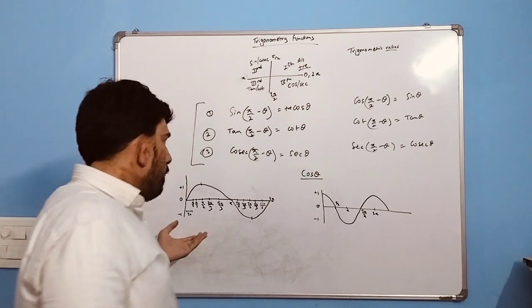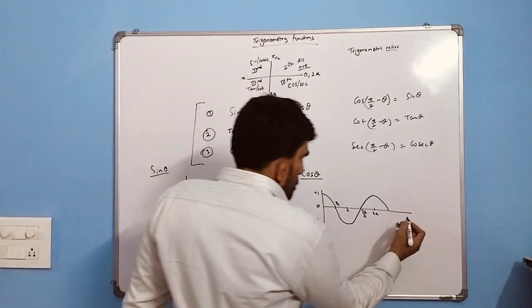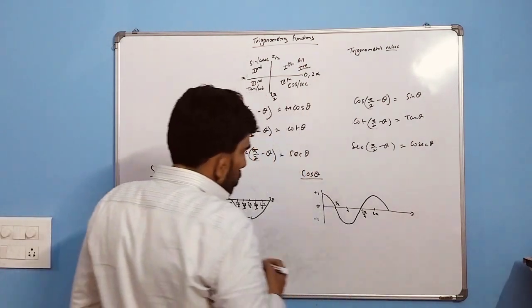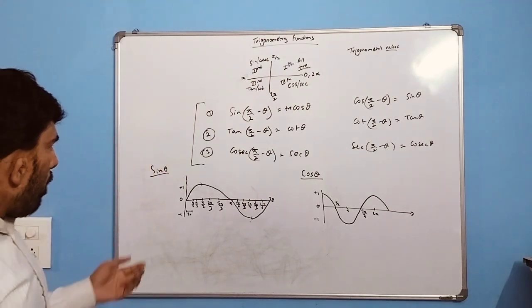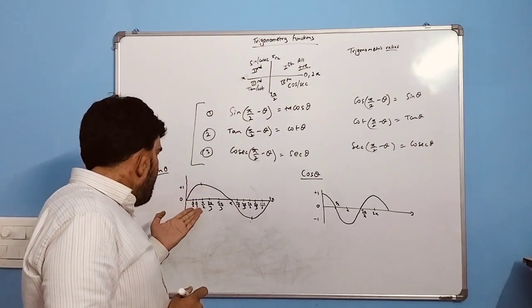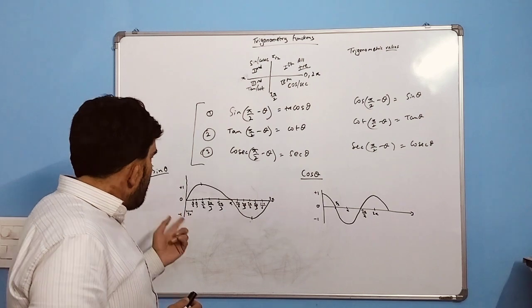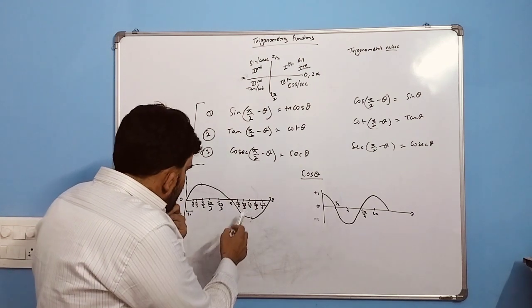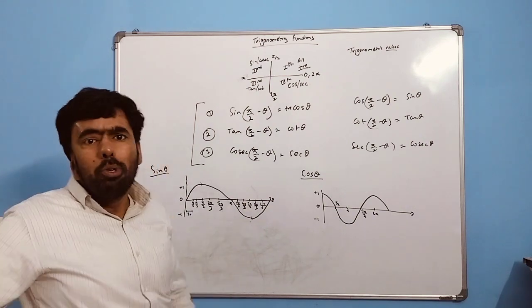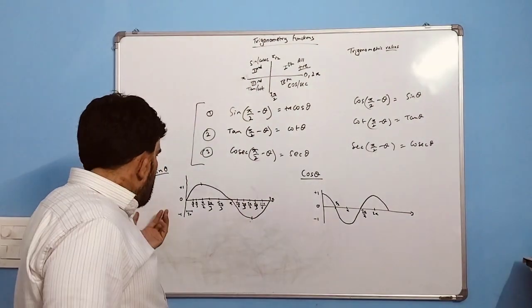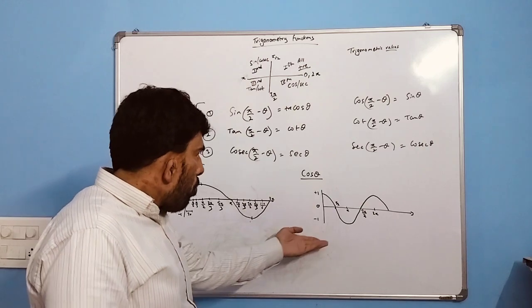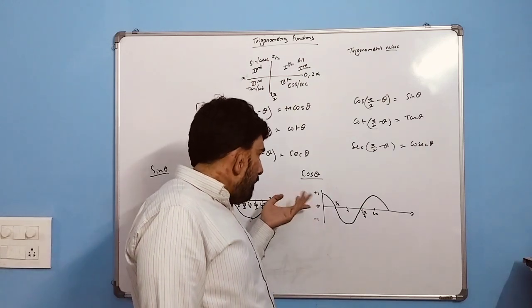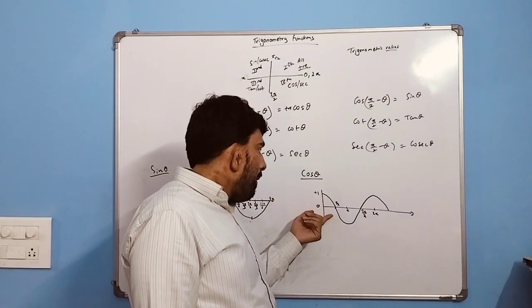Okay, so this is the graph of sine and cos. You can see that the maximum value of sine at 90 is 1, and the minimum value, if I look here, is minus 1, at 270. Okay, so that is how the graph goes. For cos also, we can see the 0 value of cos will be at 90.